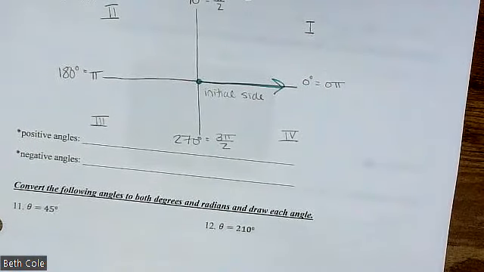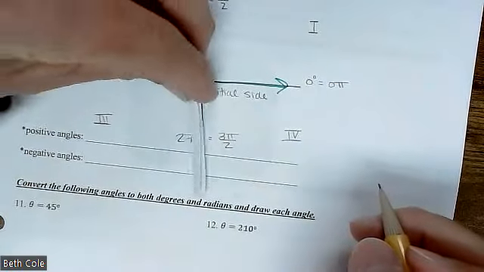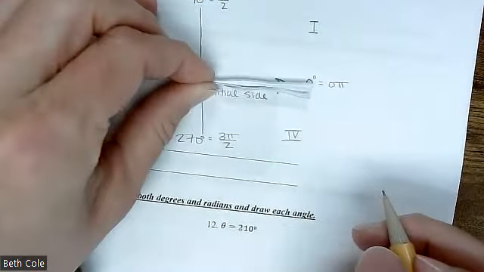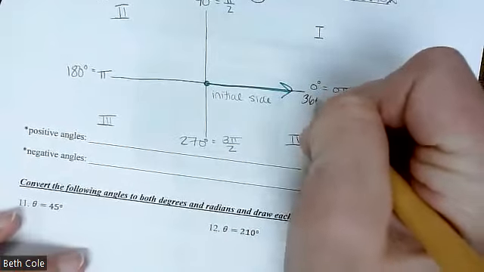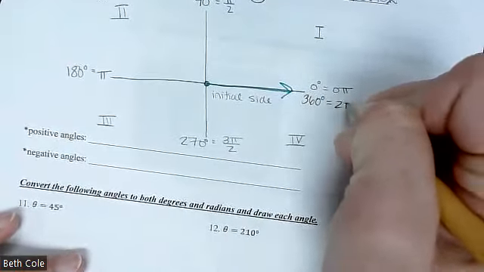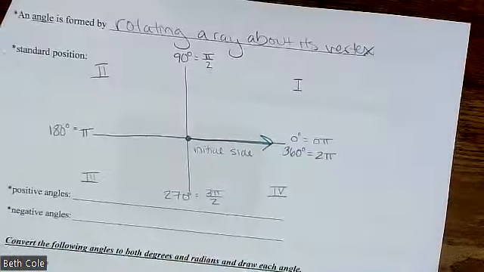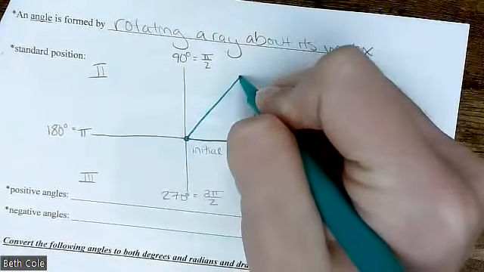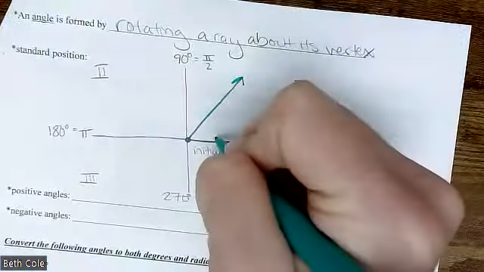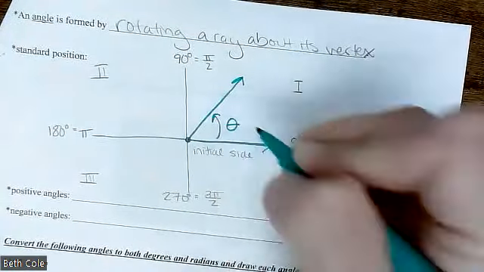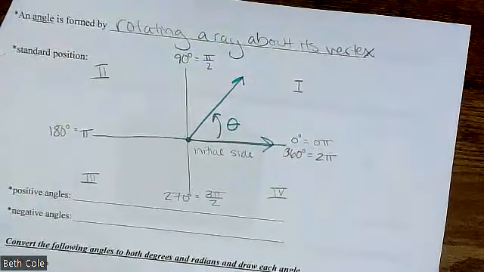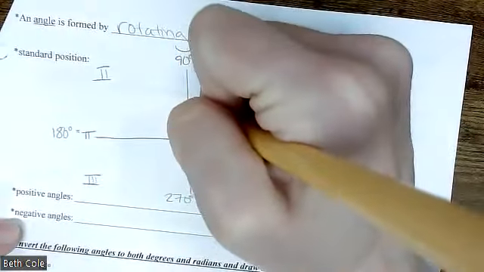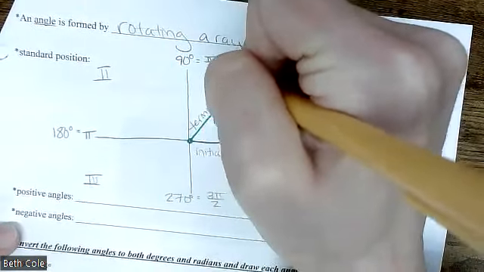And if you keep going and you rotate all the way back to where you started, that's 360 degrees, which is 2 pi. So if I stop my angle here, just for the sake of drawing one in, you've rotated that far, that's your angle theta, and wherever you stop is called the terminal side.